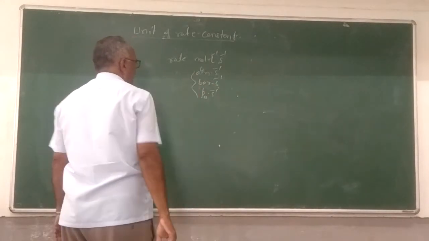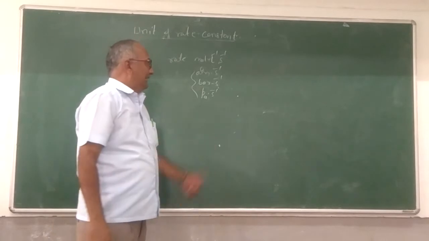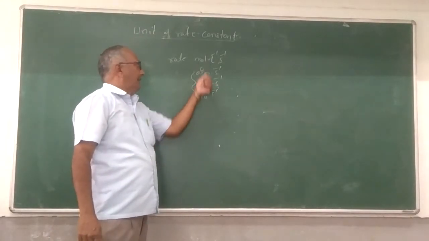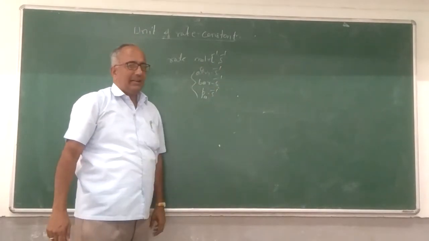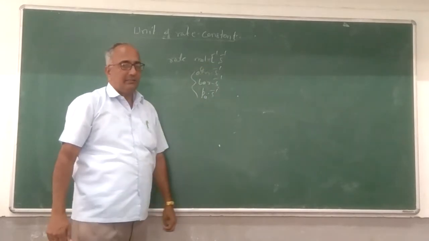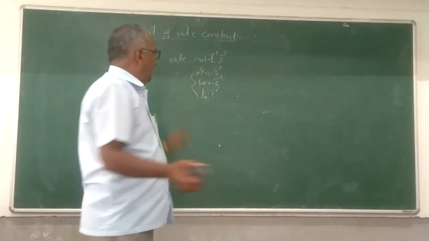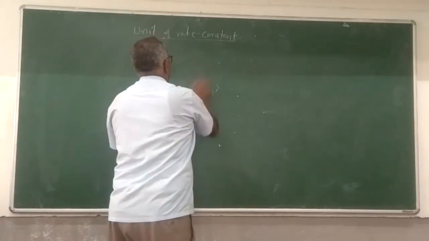If the reactants are in the gaseous state, they are expressed in this way. If the reactants are in the solid or liquid state, they are expressed in molar concentration, mole per liter per second.